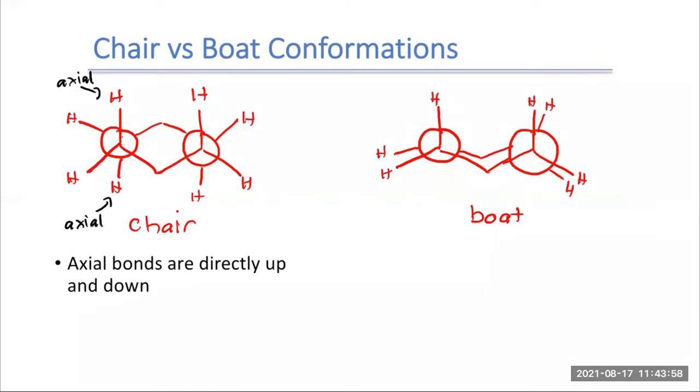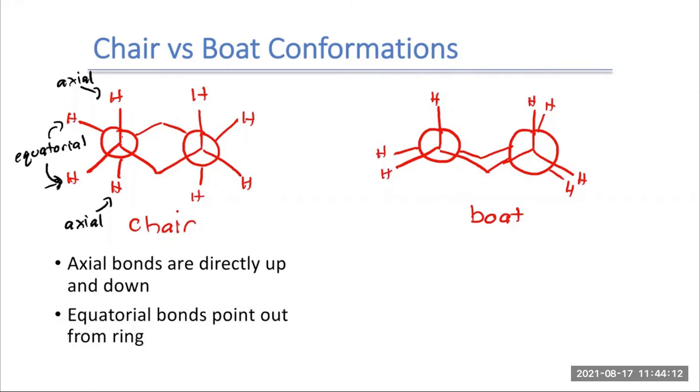And then the other two are what we call equatorial hydrogens. And that's because they're kind of near the equator part of it. And so those equatorial ones, they point outwards away from the ring. In the boat, we can see we have a lot of axial hydrogens that are overlapping.